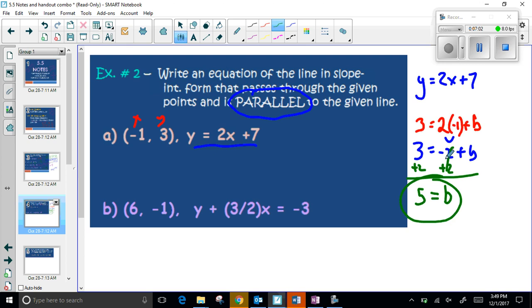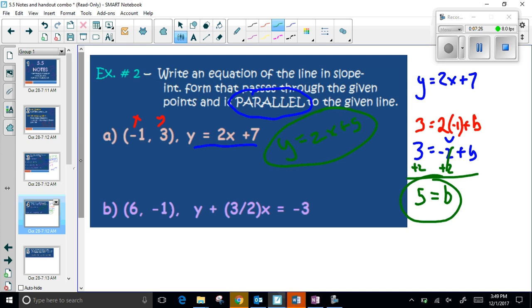I'm ready to put it in because I know my slope is going to be 2 and my y-intercept is going to be 5. So the line that is parallel to this, that goes through this point, is y equals 2x plus 5. There you go. I got the same slope. I've got a different y-intercept.